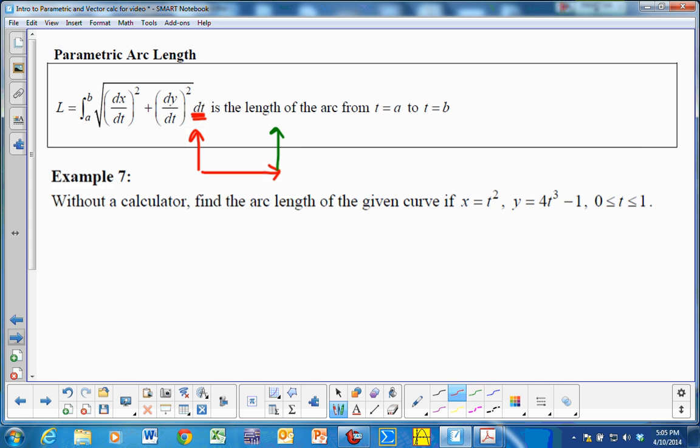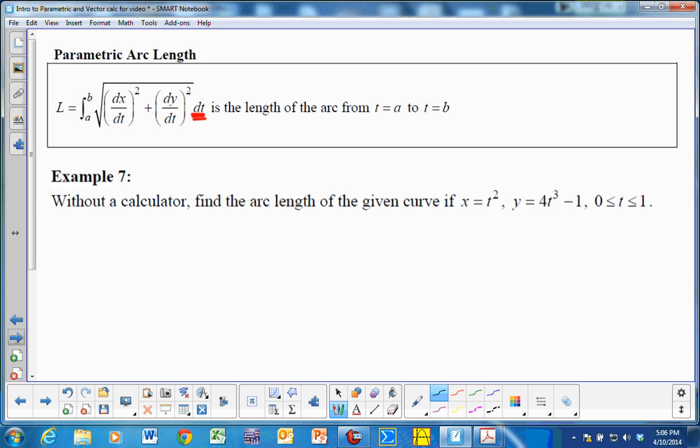And then what I'm interested in is what is this length. That's what I'm looking for. And to find that is just the Pythagorean theorem. I need the dx/dt change squared plus the dy/dt change squared, okay? So I'm just trying to find the length here.